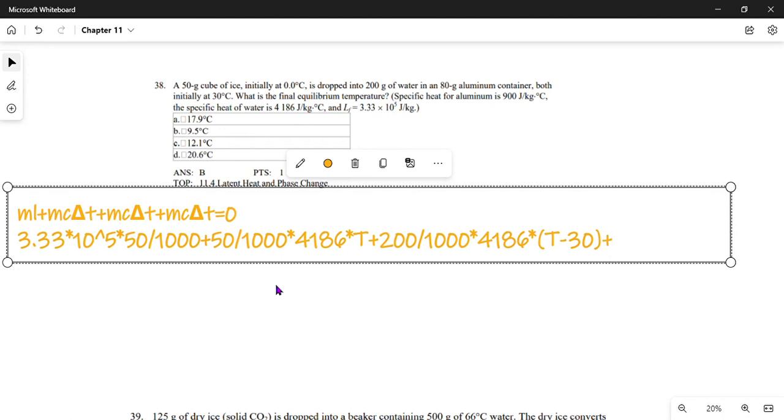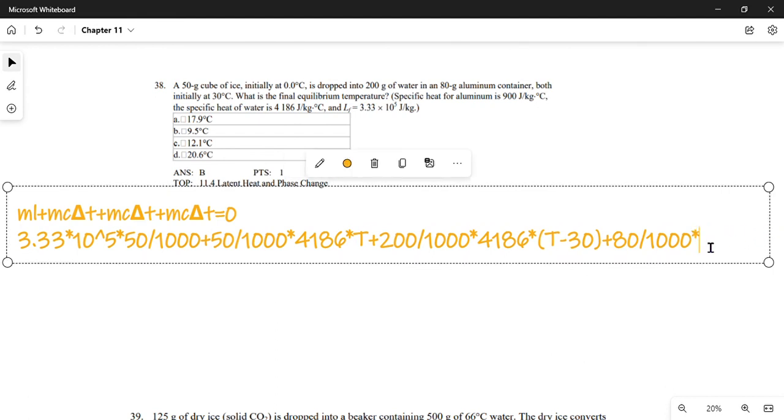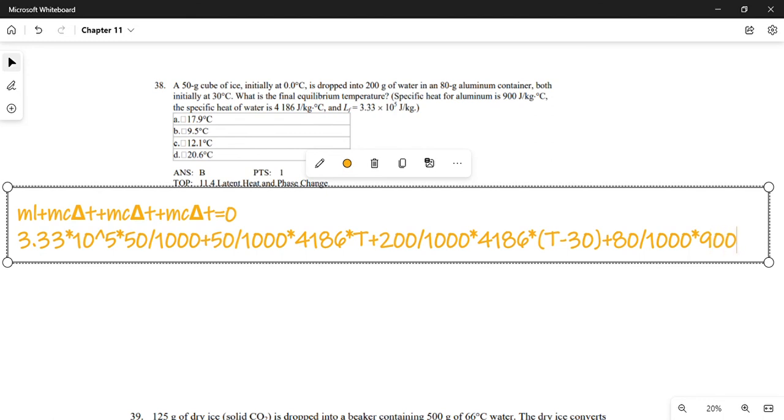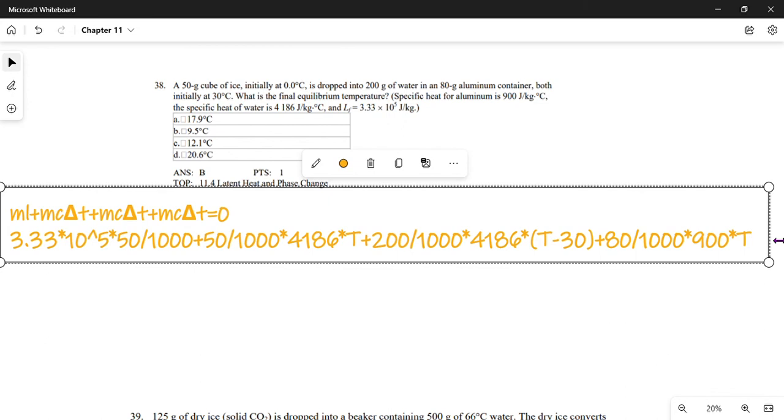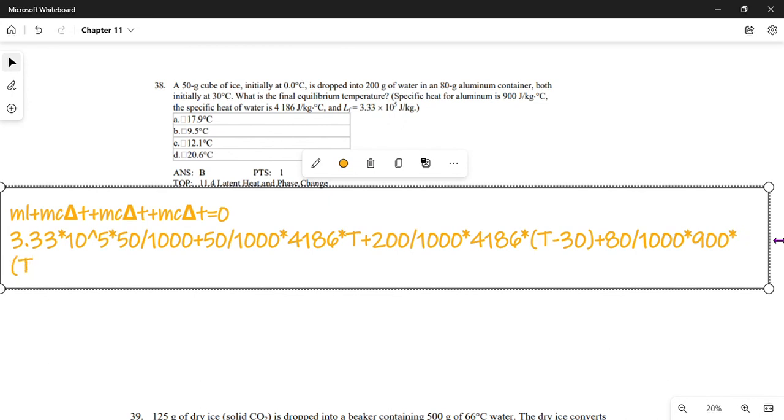plus the mass of the container, which is 80 grams over 1000, times the specific heat capacity of the aluminum, which is 900, times the change in temperature, which is T minus 30.